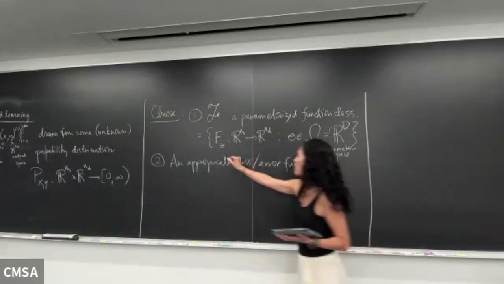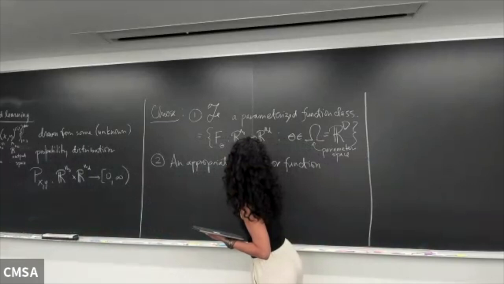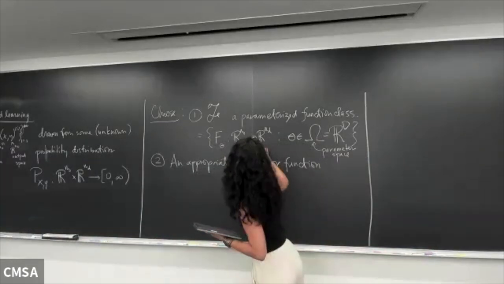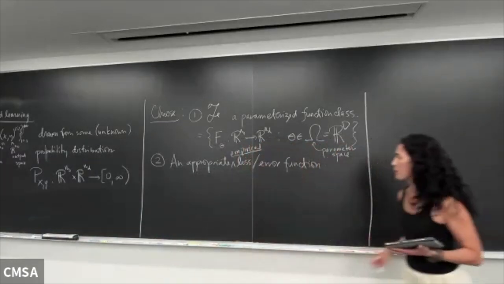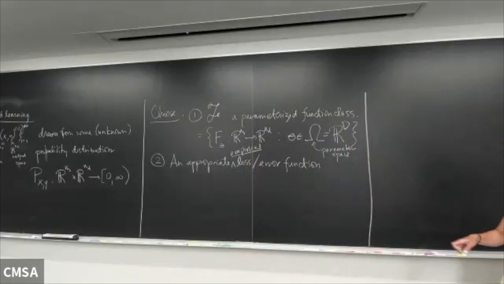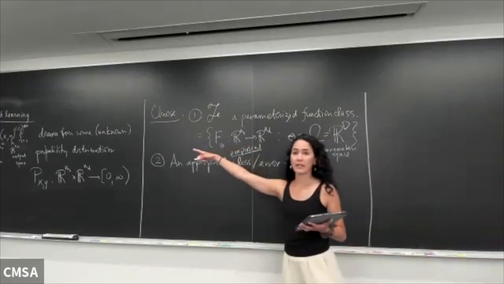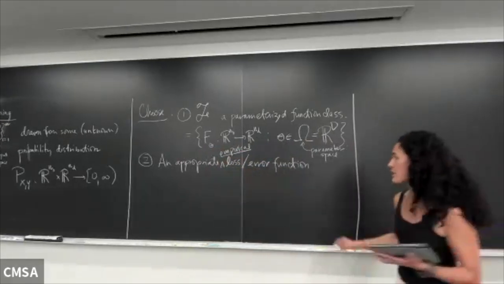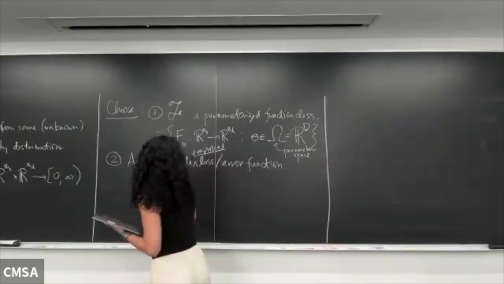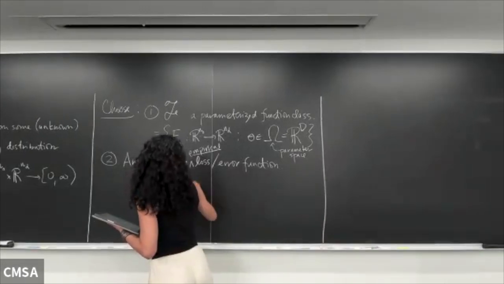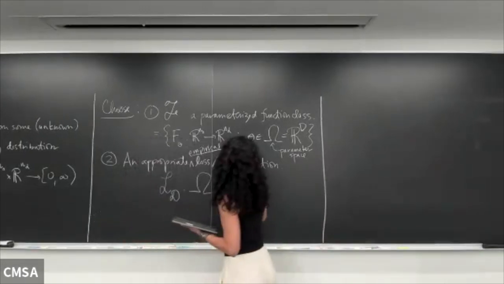Typically people say empirical loss or error function because it depends on this data that you've chosen. So this is now a function, which we'll call L sub D, from your parameter space to the real numbers.